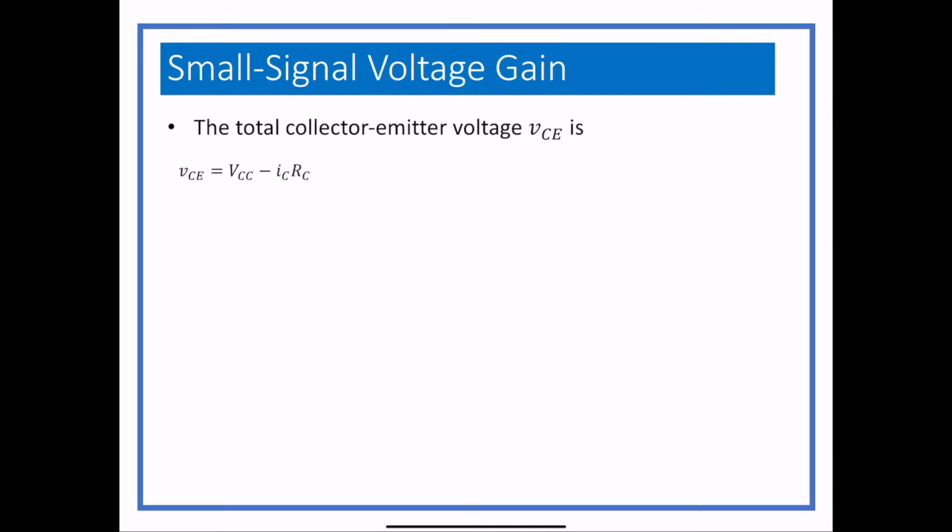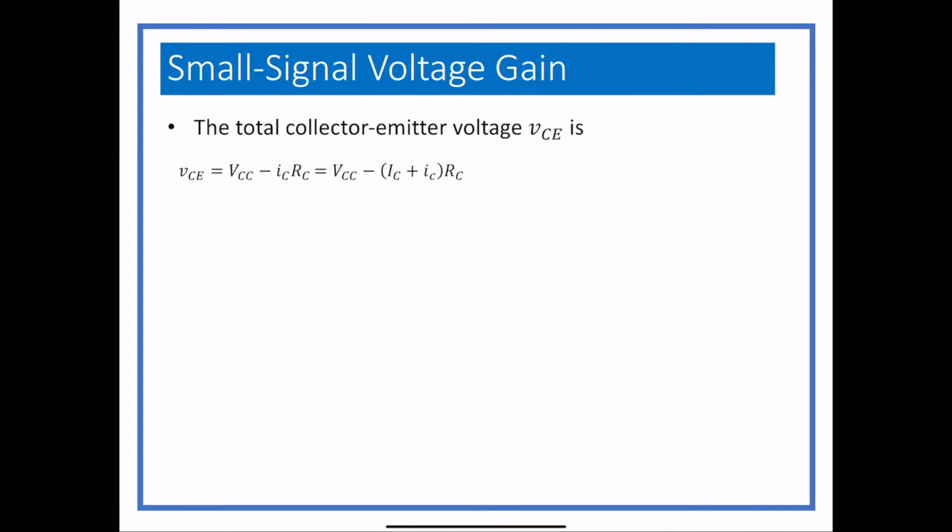If we look at the total collector emitter voltage, remember this is a combination of AC and DC because it's a little v and capital C, capital E. So we have VCC, which is the DC value of voltage, and then we take minus IC, which is a combination of AC and DC, times RC.